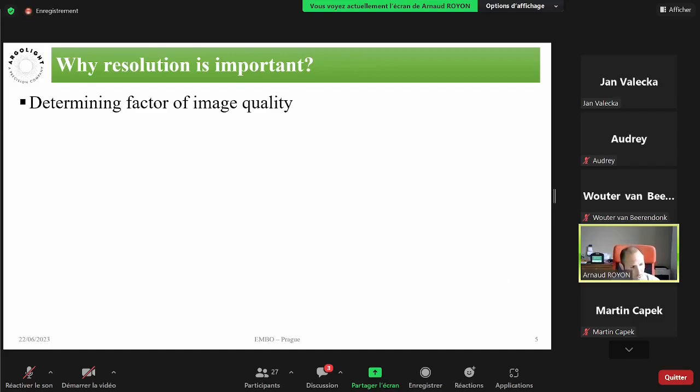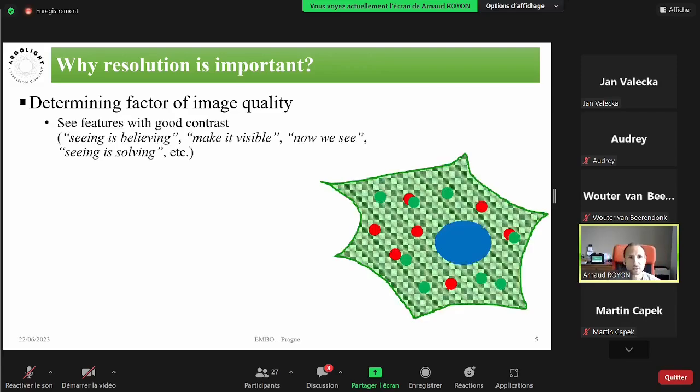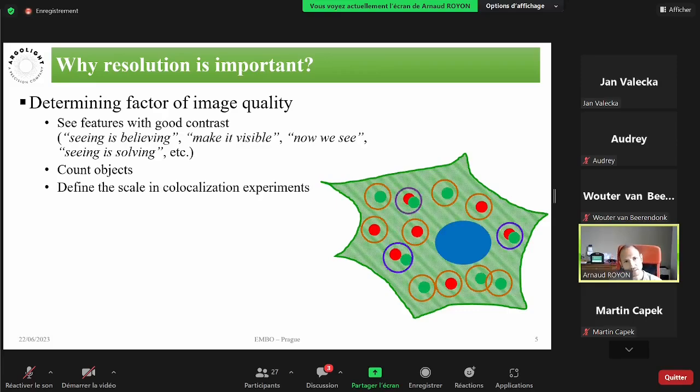So why do we focus on resolution? Why is resolution so important? Well, because it's a determining factor of image quality. Many vendors say that seeing is believing, make it visible. Now we can say seeing is solving, because resolution allows you to see features with good contrast. If I want to count objects, then I need to have a good resolution to separate those objects.